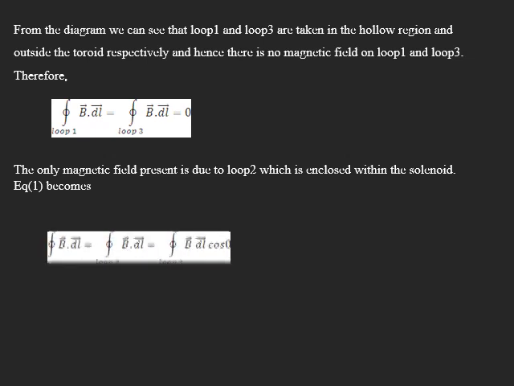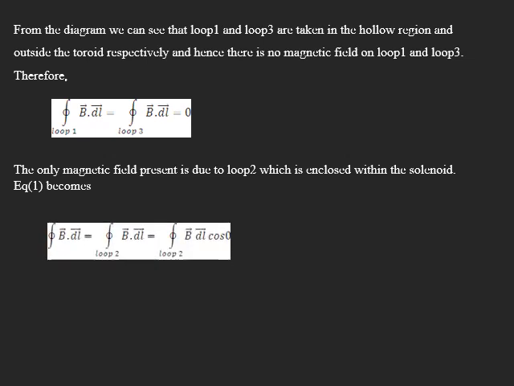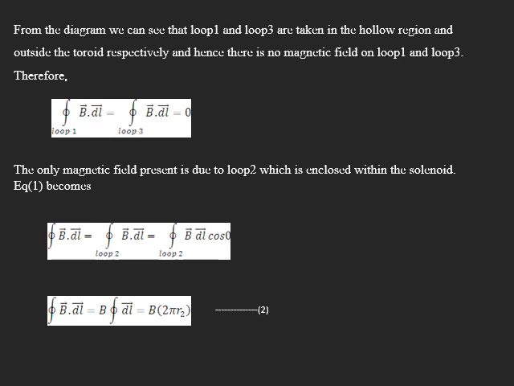So equation 1 becomes integral B dot dl, that is equal to B dl cos theta, where theta is 0 because it is along the loop. Here integral B dot dl is equal to B integral dl, that is equal to B into 2 pi r2. 2 pi r2 is nothing but the circumference of your toroid in loop 2. We will consider that as equation 2.